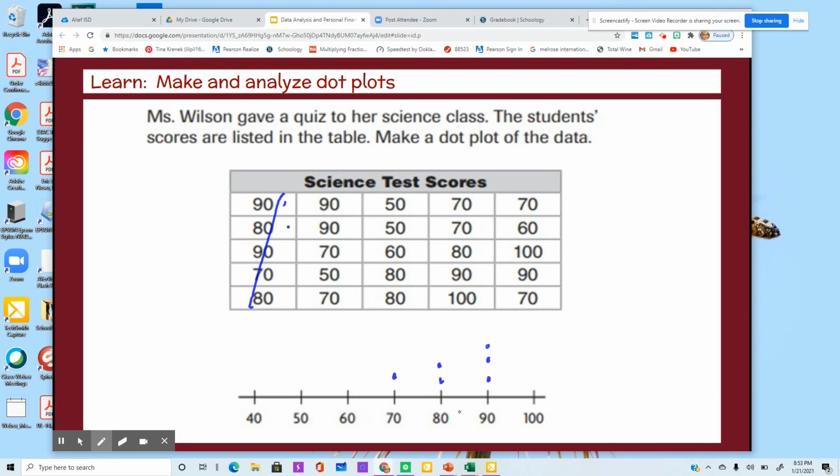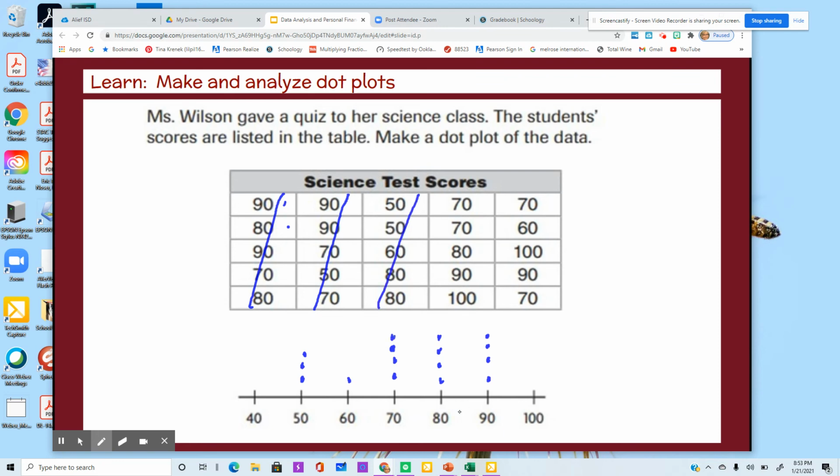Then I have 90, 90, 70, 50, 70. That row's done. Then I have 50, 50, 60, 80, 80.